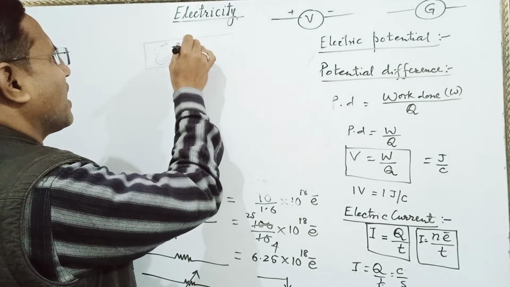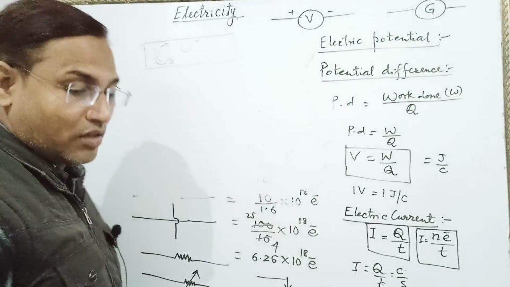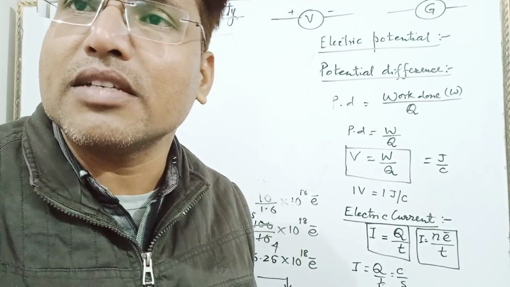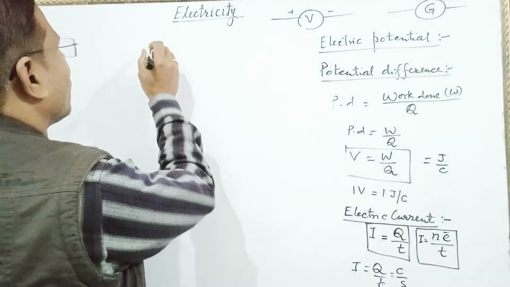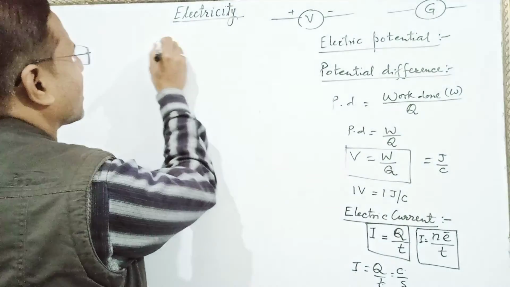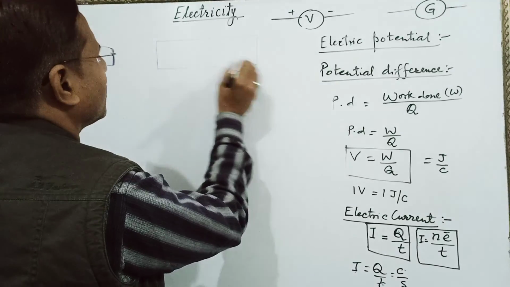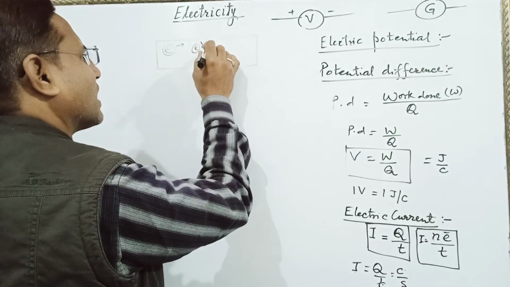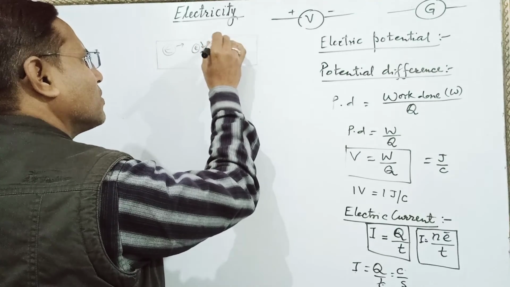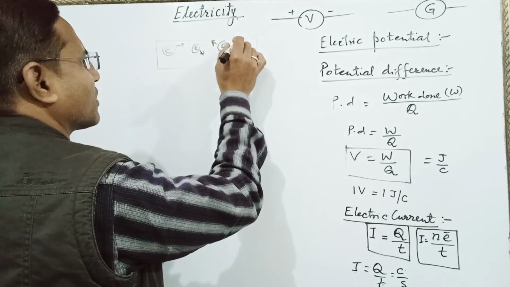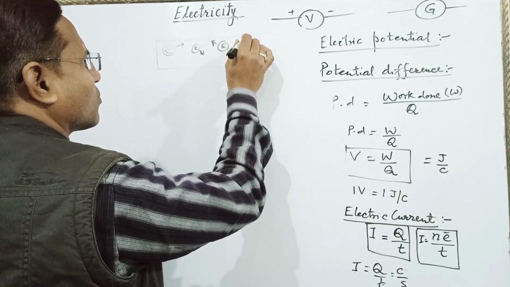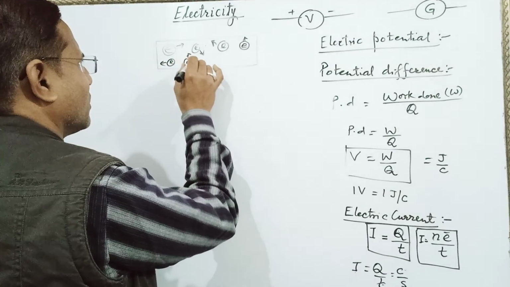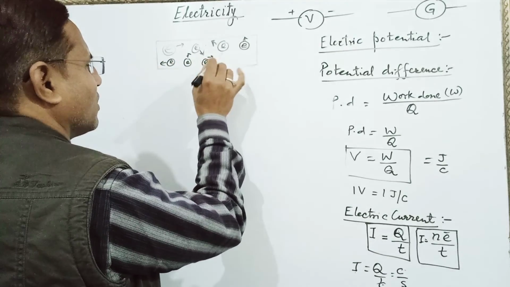They are not arranged in a proper way. The electrons inside have no fixed direction. These electrons may be moving in any direction. They keep on moving in any manner, any way they want.